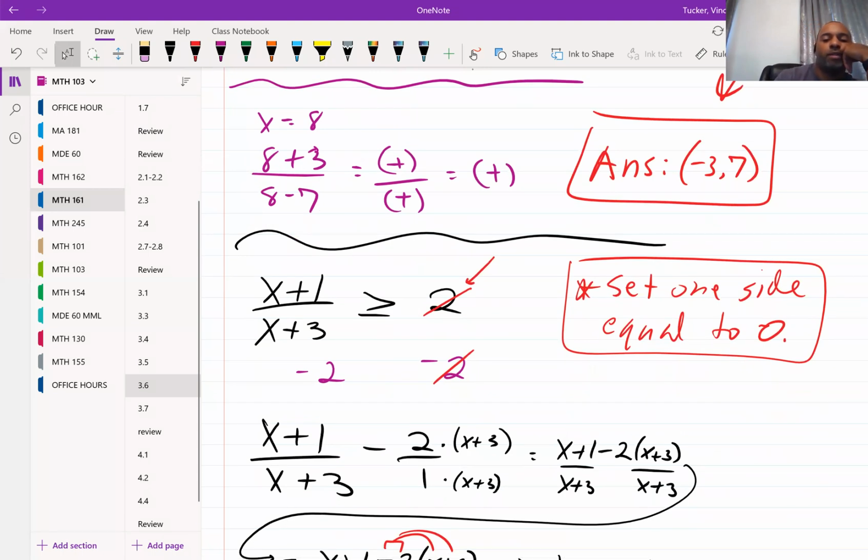Don't forget we have rational expressions, or in other words, fractions involved. So subtracting 2 from both sides is more involved. We have to have common denominators. So that 2 is going to be 2 over 1. We have a denominator of x plus 3, so I'll multiply both top and bottom by x plus 3, so I can have that 2 with a common denominator. So that's that right there.